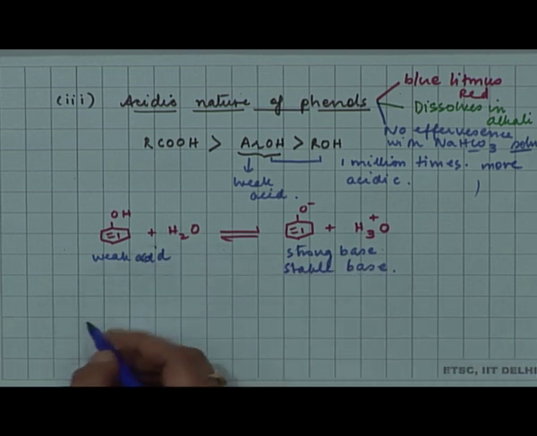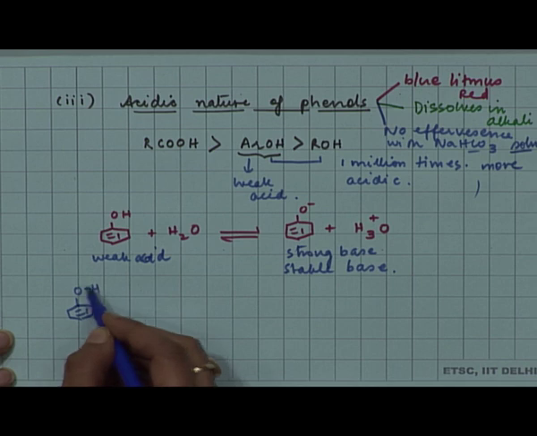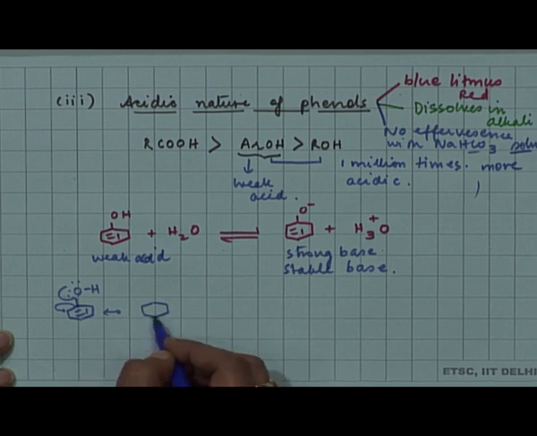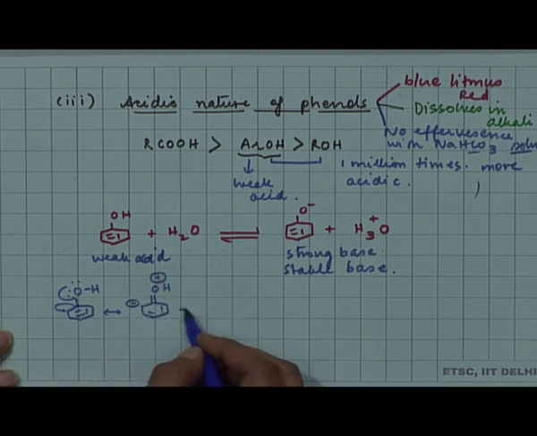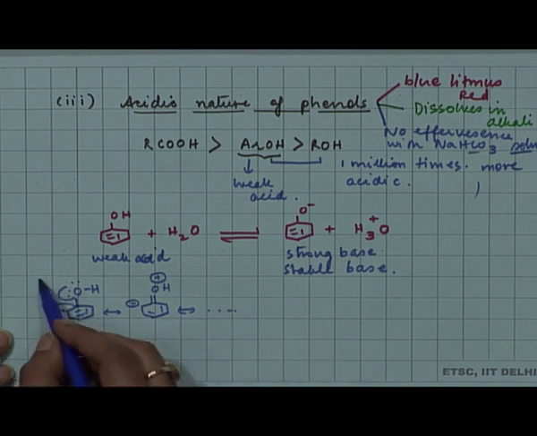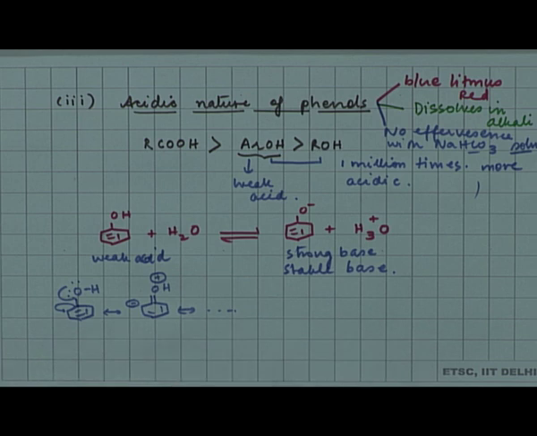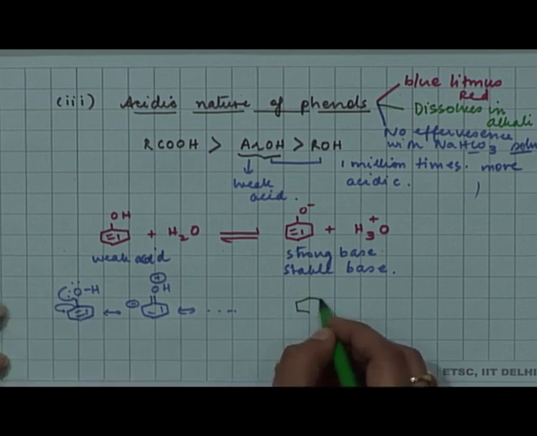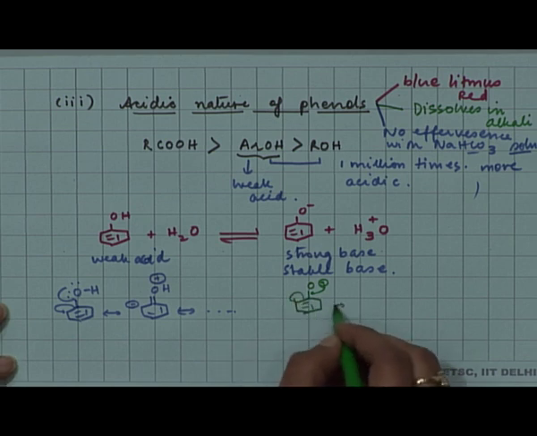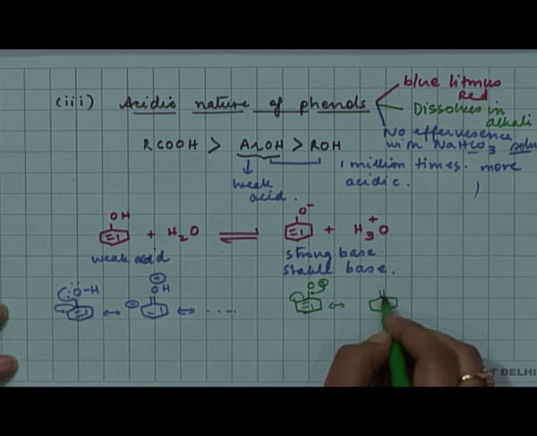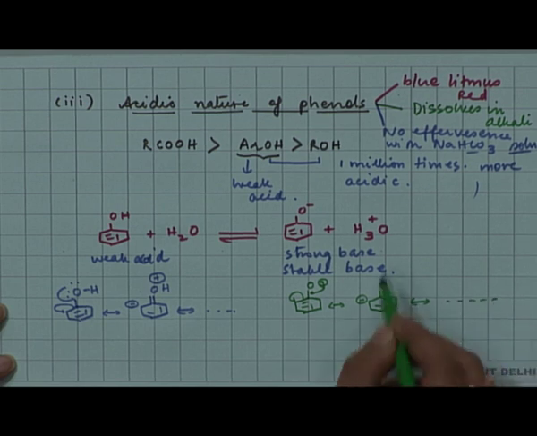If you look at the structure of the phenol and the phenoxide ion, we know that a phenol can exist in all these resonance stabilized structures with the charge accumulating at the ortho and para positions. And if you look at the phenoxide ion, in this case the charge is in fact much more concentrated, and the phenoxide ion is stabilized again by resonance.